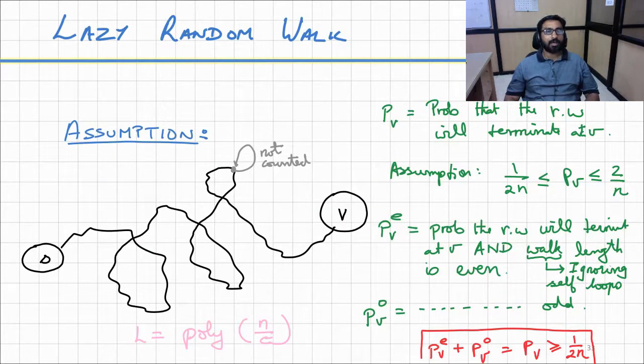Now recall that the type of random walk we used is a lazy random walk, and we picked a vertex S and we started making a random walk, and we eventually landed at some vertex V, and along the way we might have taken several self loops, which we are simply not going to count in terms of the length of the walk from S to V. Now the length of the random walk, the number of steps taken by the random walk, is some polynomial in, a small typo here, polynomial in log n over epsilon.